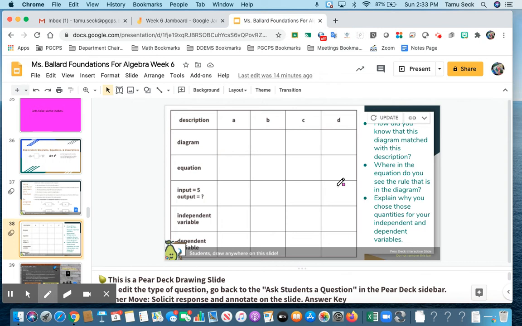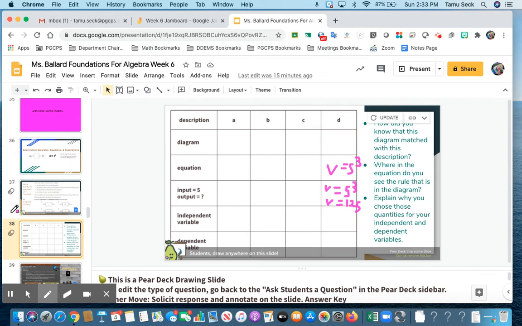So the input is 5. So it's V is equal to S cubed. So 5 cubed. Well, what is 5 times 5 times 5? The output V is equal to 125. So the equation is V is equal to S cubed.